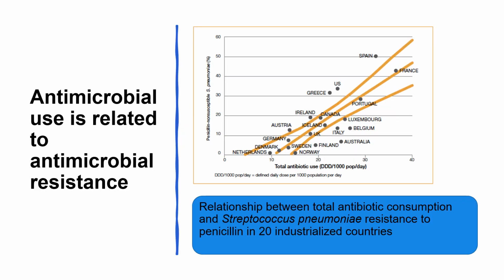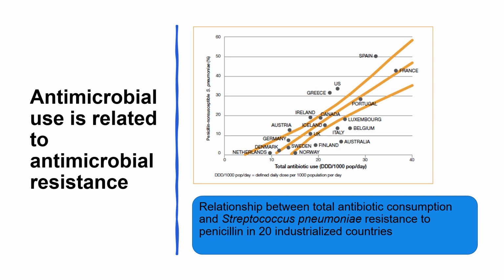So as we have examined, antimicrobial use is a key factor in the development of antimicrobial resistance. The more antimicrobials are used, the more likely it is that resistance will develop. So this slide shows the occurrence of penicillin non-susceptible Streptococcus pneumoniae, a bacteria that causes middle ear infections, sinusitis, acute exacerbations of chronic obstructive pulmonary disease, pneumonia, meningitis, and septicemia in worst case scenarios.